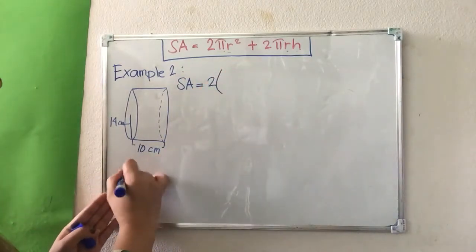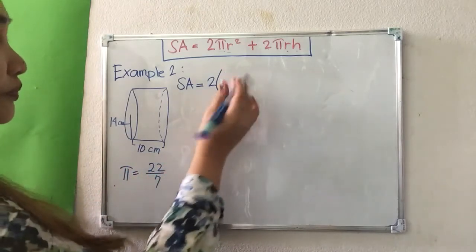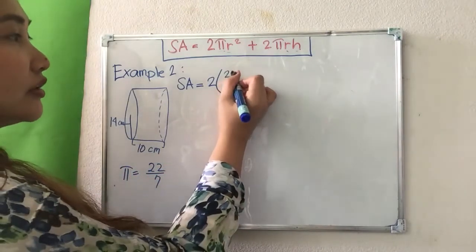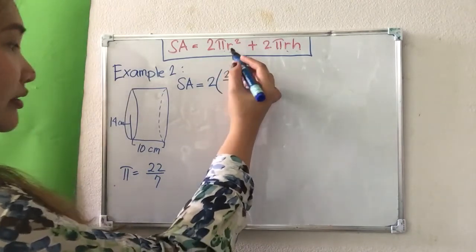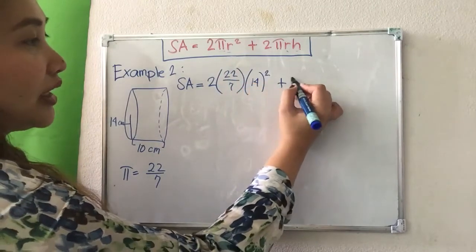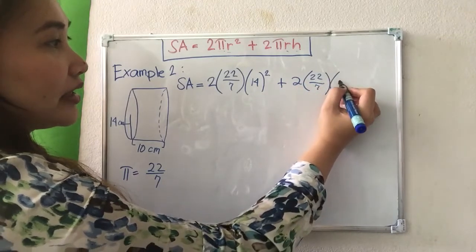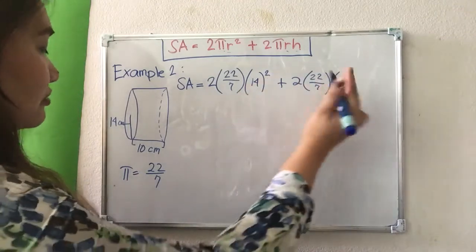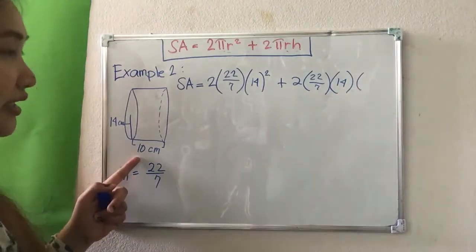Let's use again pi equal to 22 over 7. So we have 2 times 22 over 7 times the radius 14 squared, plus 2 pi, 22 over 7, the radius 14, and the height, which is 10.